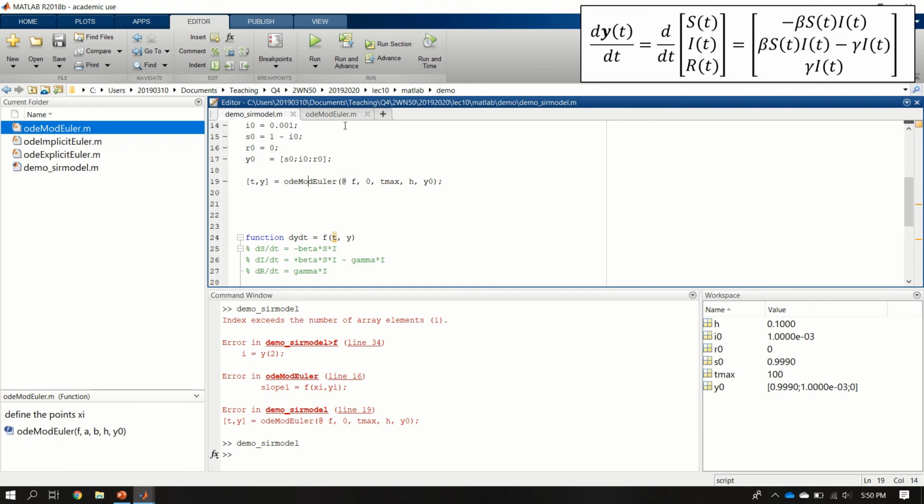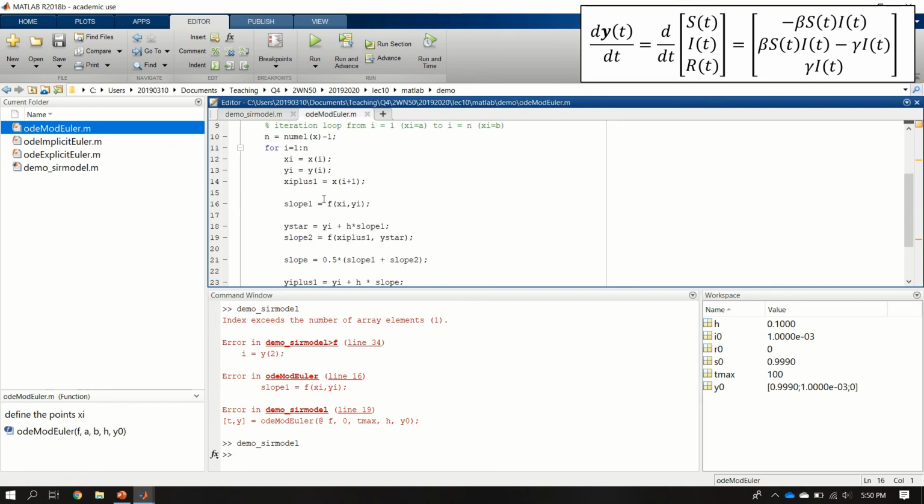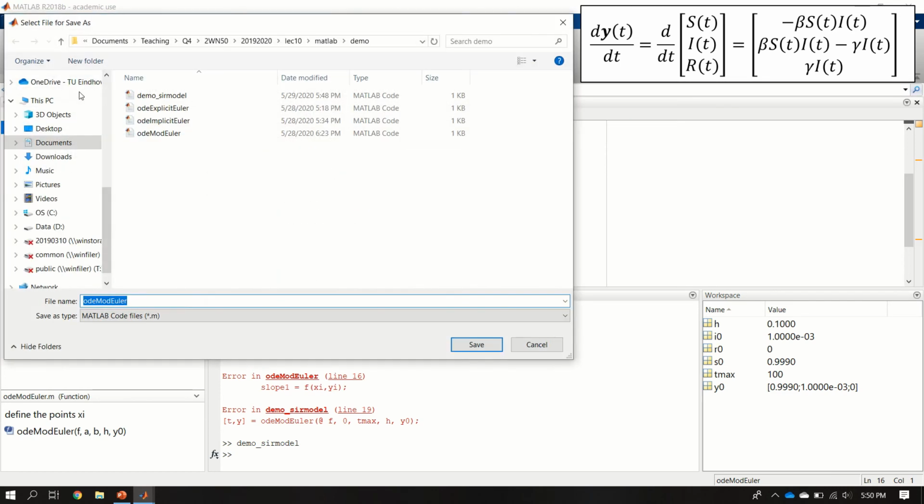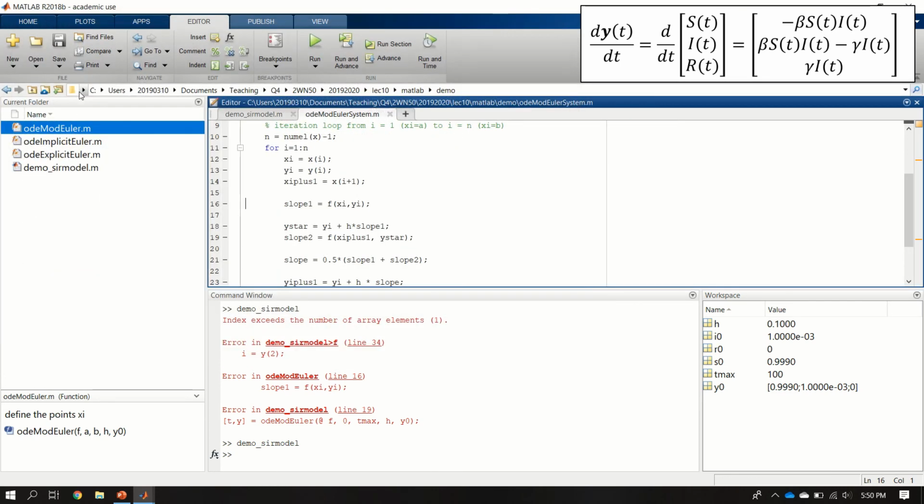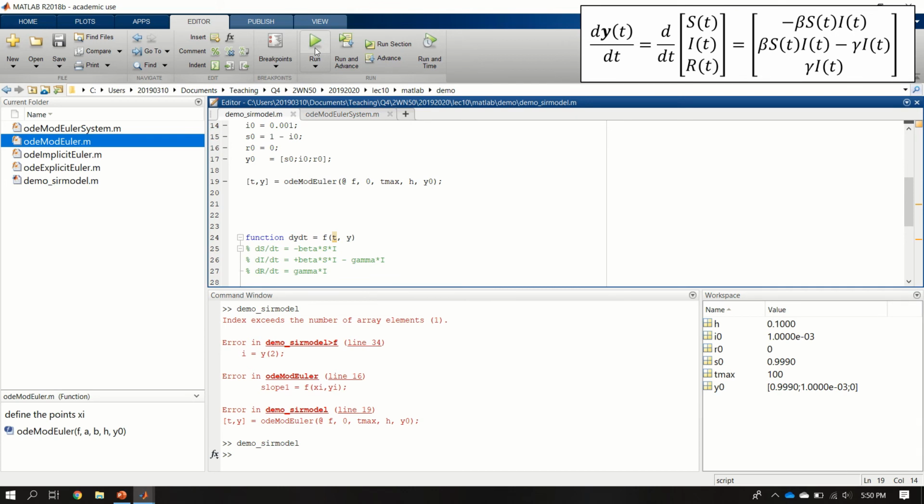It's being called from the ODE mod Euler. So we probably need to do a modification here, and let me now save this as ODE mod Euler for systems. Okay, let's stop this in the time loop and run this again.